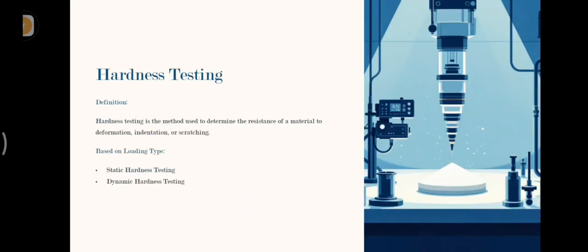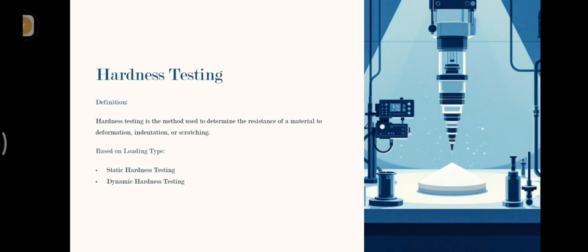So first of all, what is hardness? Hardness is nothing but the resistance of a material to deform. That means I am going to apply a large amount of force on a specimen. At some point of the force, the material is going to deform.